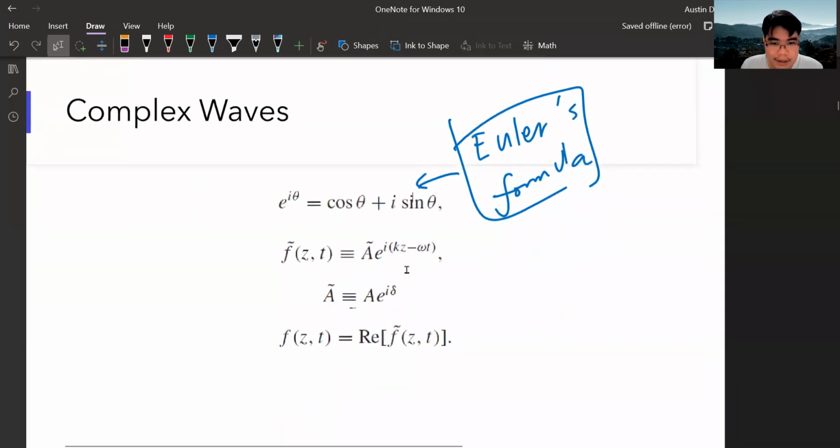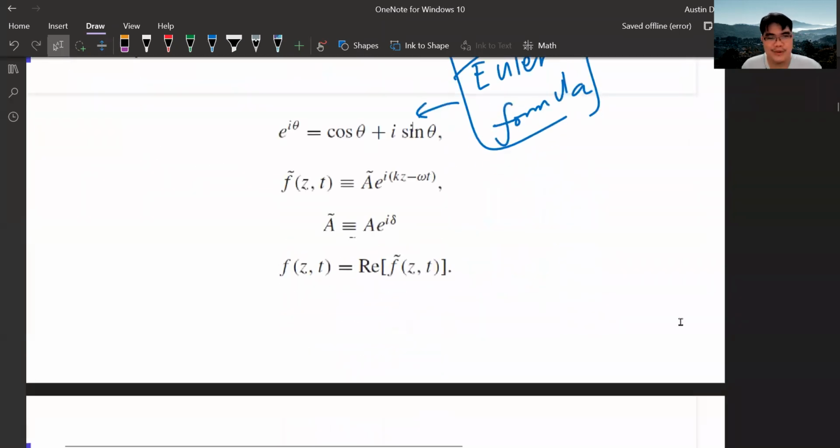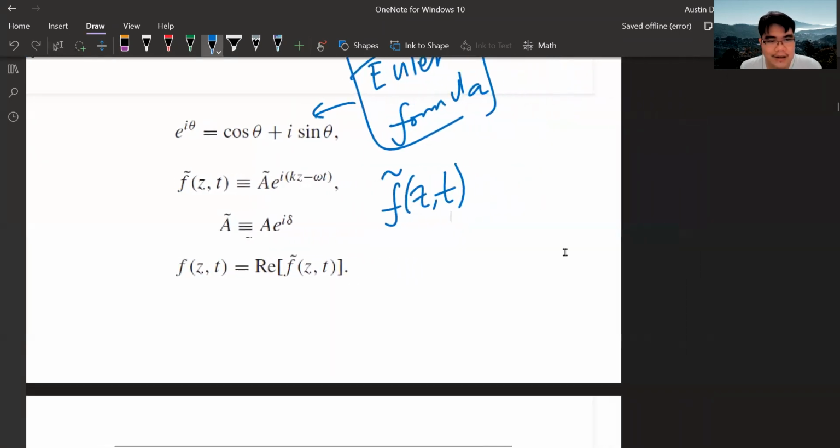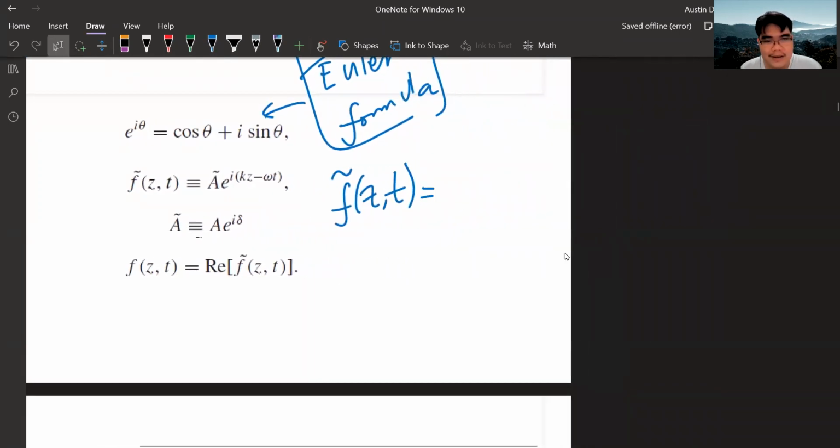Okay. So the general form of the waves in the complex plane, complex numbers, would be this f tilde. F tilde of z, t. And you can express this as A tilde, tapos ayun nga, e raised to i theta.